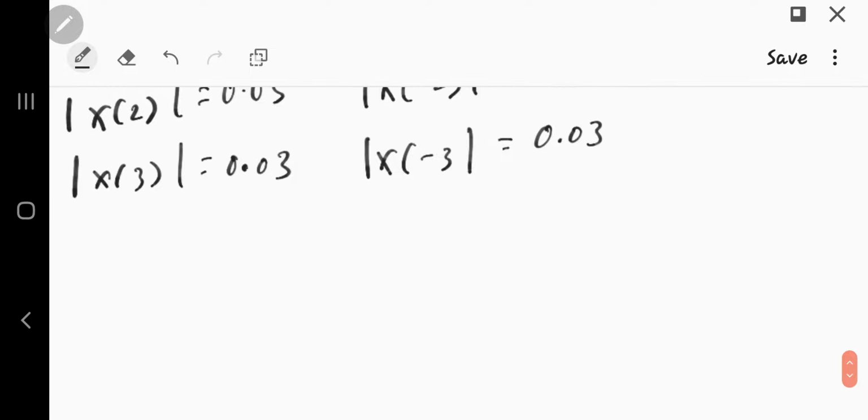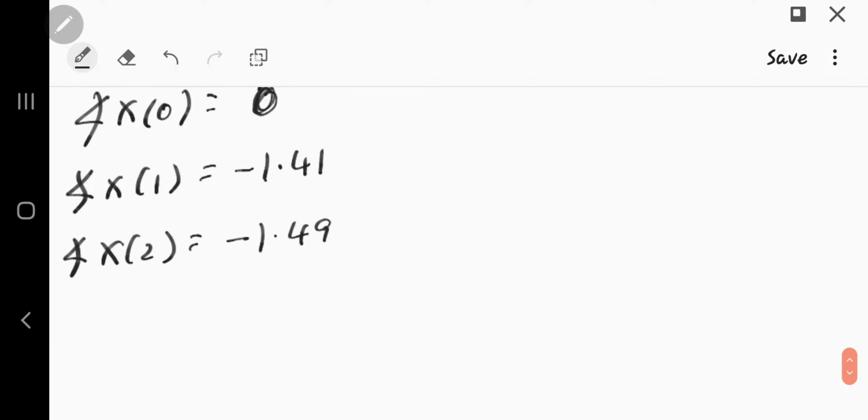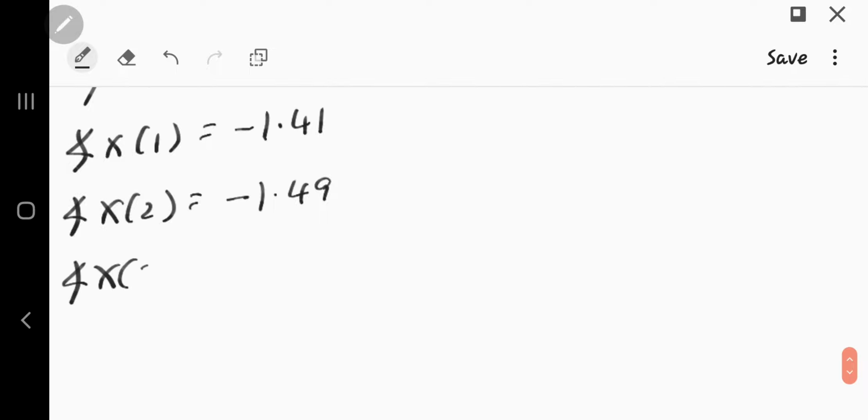Now plot this graphically, and for the phase spectrum, for x of 0 you will get 0 here, for x of 1 you get -1.41, for x of 2 you should get -1.49, and for x of 3, you get -1.52.